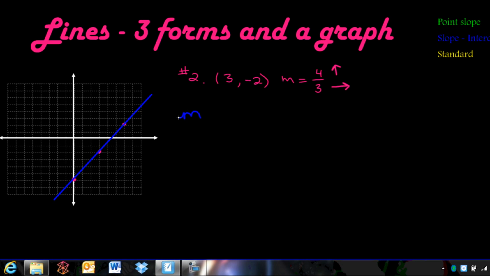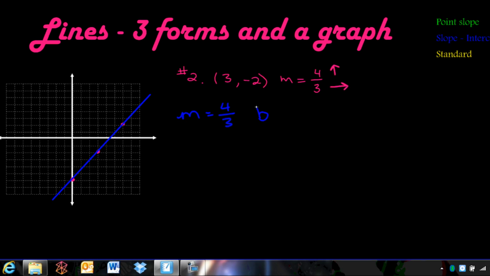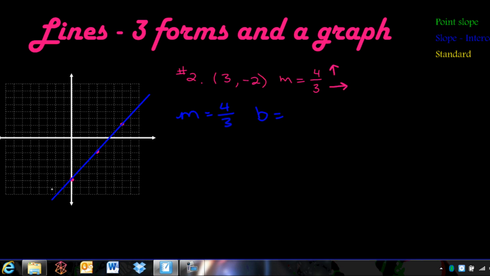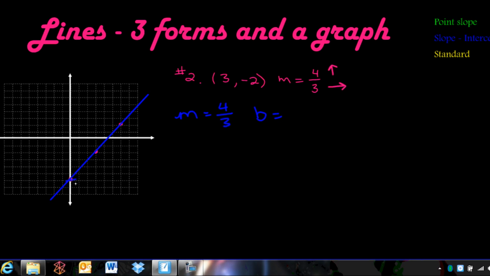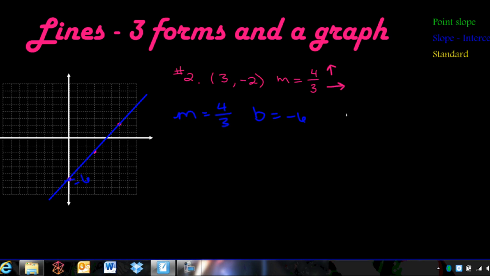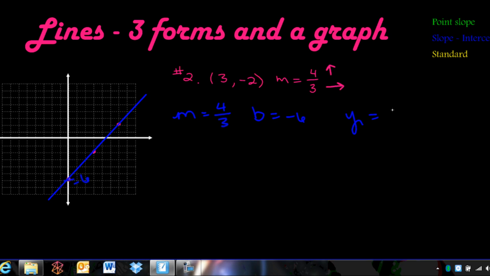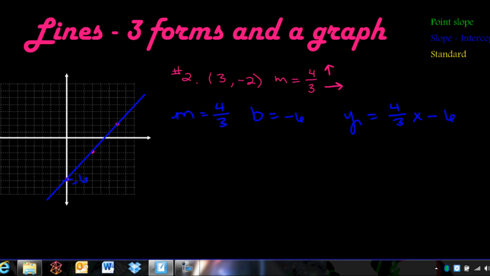So, we know that the slope is 4/3. And we know that b is going to be here at negative 6. So our equation would be y equals 4/3x minus 6.